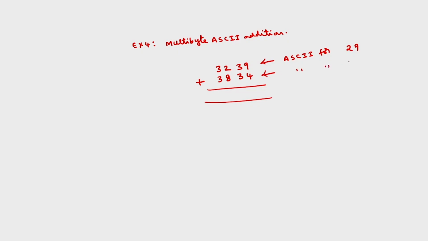For example, I take 32, 39 plus 38, 34. This is the ASCII code corresponding to 29, and this is the ASCII corresponding to 84.